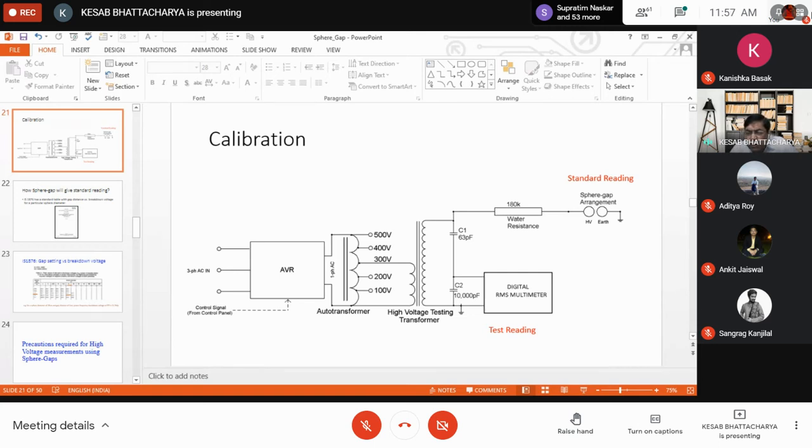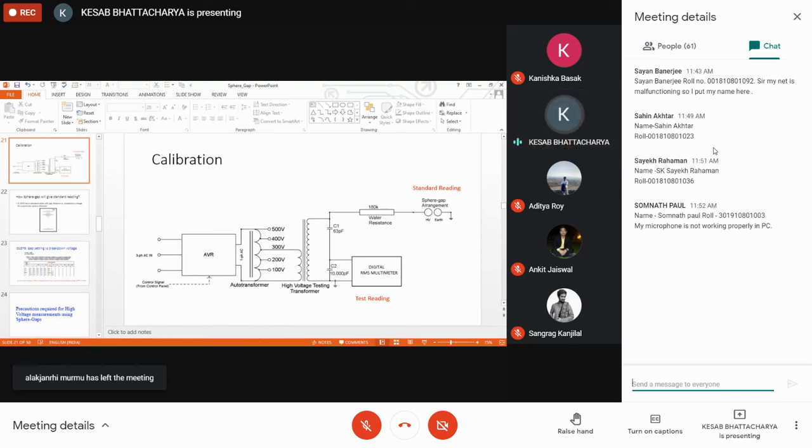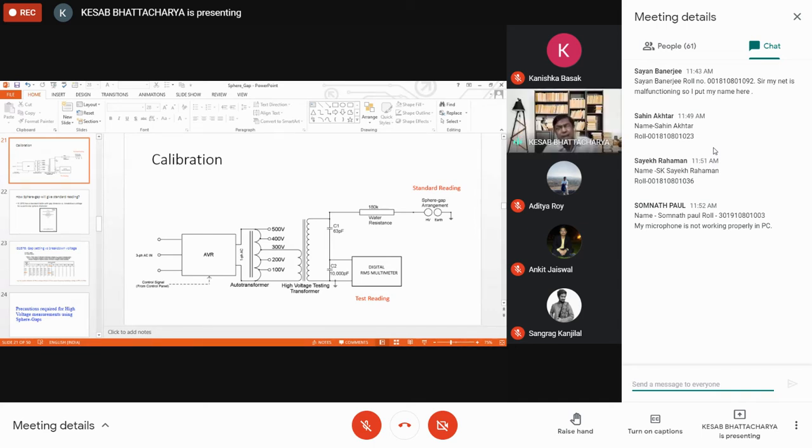So if you reduce the voltage keeping the gap distance fixed, then it may so happen the resulting electric field within the gap may go below the dielectric strength of air. In such a case, there will be no breakdown. So, in order to ensure breakdown, you have to reduce the gap distance accordingly with the reduction in applied voltage. And if you reduce the gap distance, then the gap becomes smaller, and the probability of existence of a free electron within a small gap is also less. That is why irradiation is required.